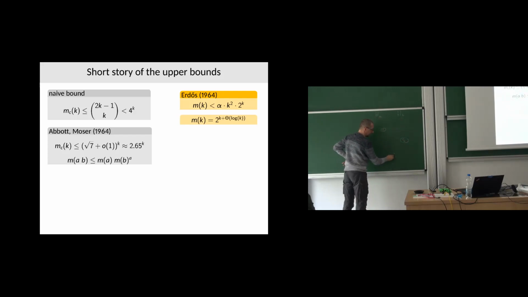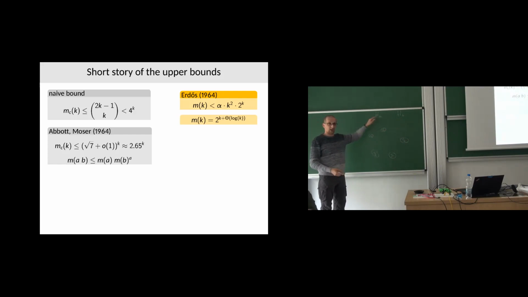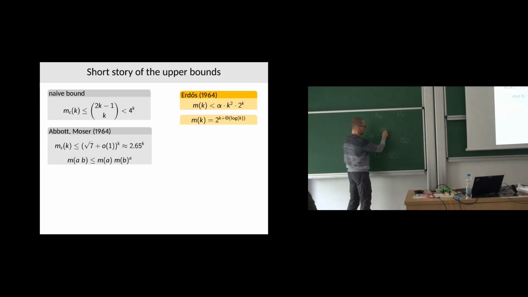So we start with a bunch of copies of HB. Okay, it's just independent and disjoint. And now for every edge of HA, suppose that we have an edge like this. I use some color.